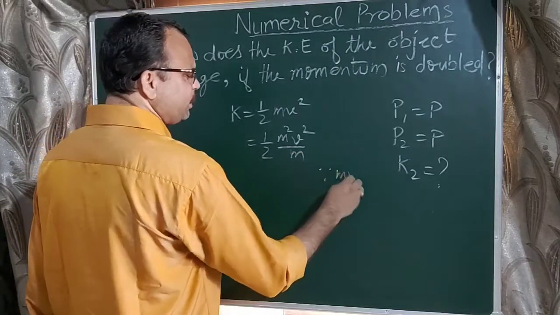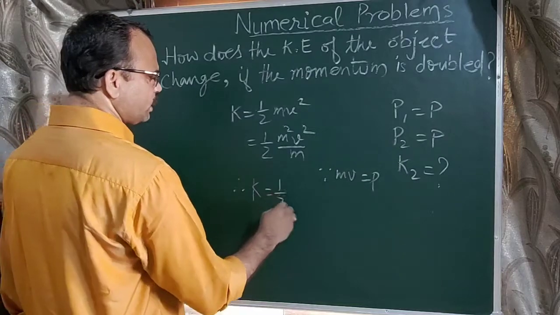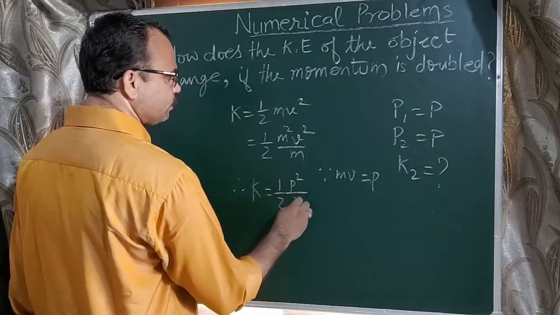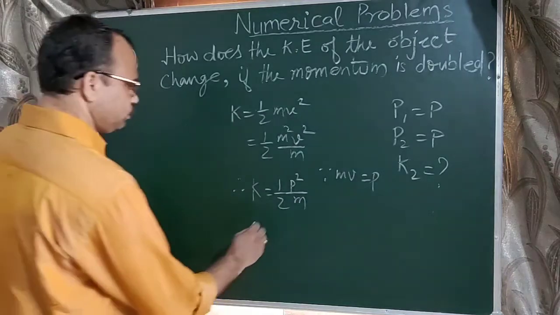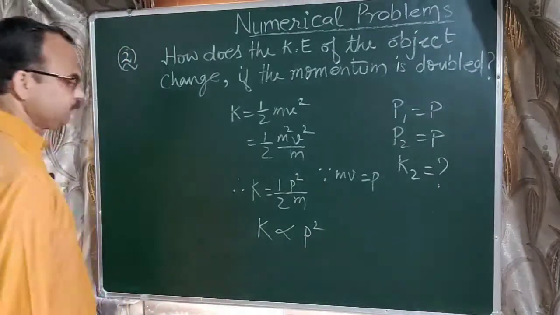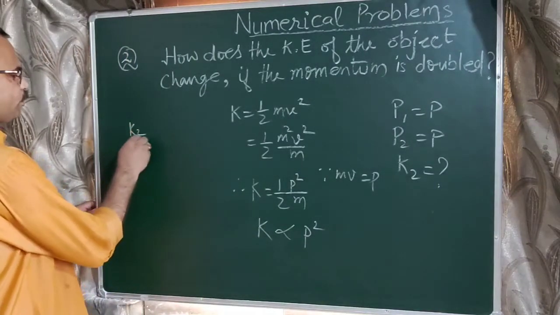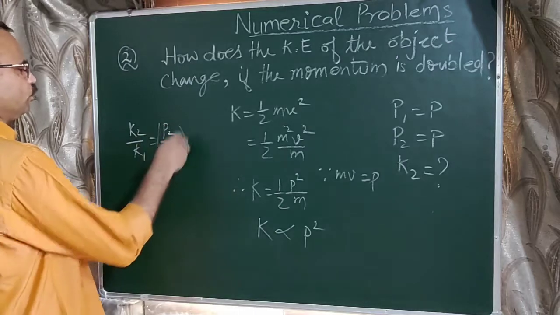Since m into v equals p, therefore K equals 1 upon 2 p square upon m. Since m and 2 are constant, K is proportional to p square.